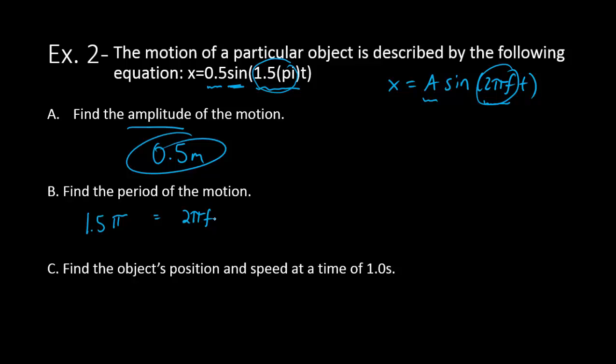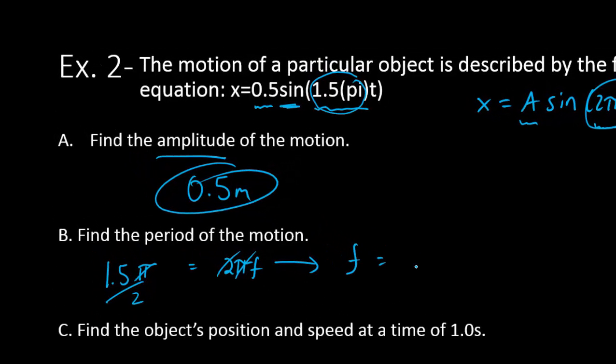Okay. So once I've done this, I can get f by itself, divide both sides by 2, and then divide both sides by pi, and I'm solving for f, and my frequency is going to be equal to 0.75 hertz.